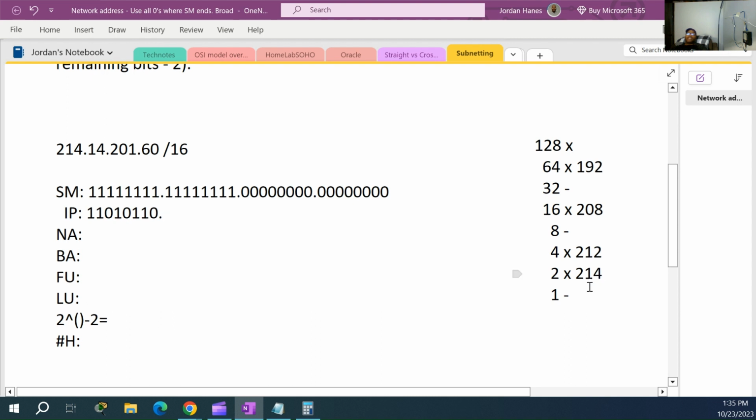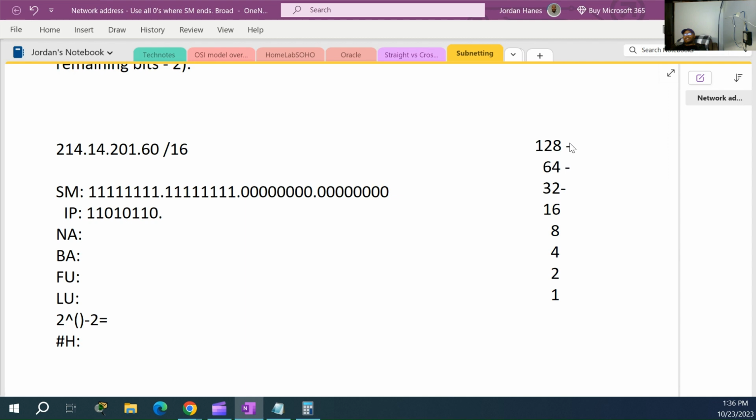So we'll go ahead and delete here to do our second octet's binary representation. And that was a 14, so that one's going to be pretty quick. So for 14, 128 is obviously too much, so we'll make that a dash. 64 is too much, so that's a dash. 32 is too much, so that's a dash. 16 is too much. 8 we would count because that's less than 14.